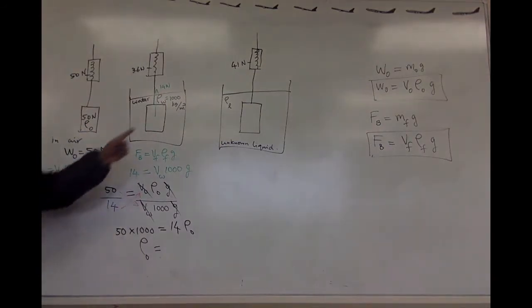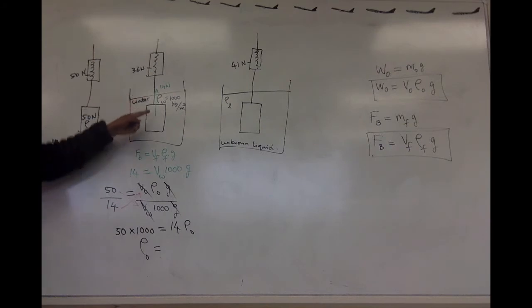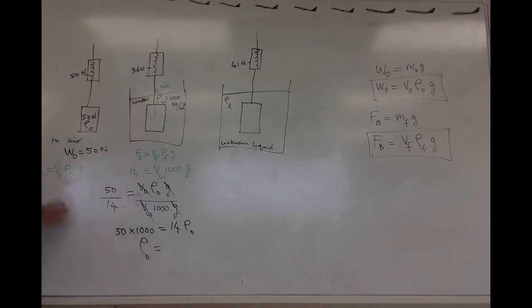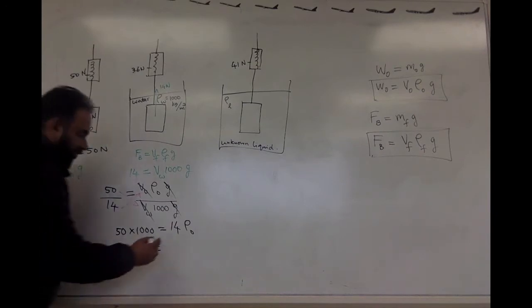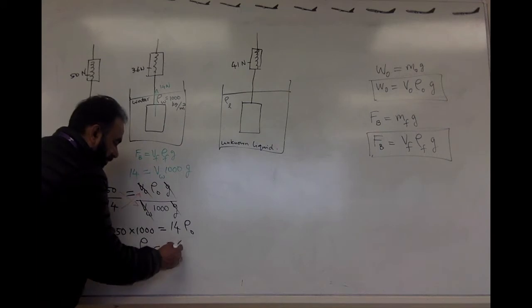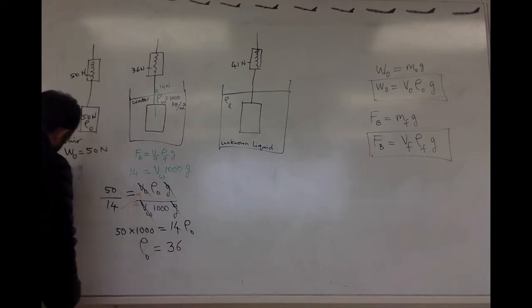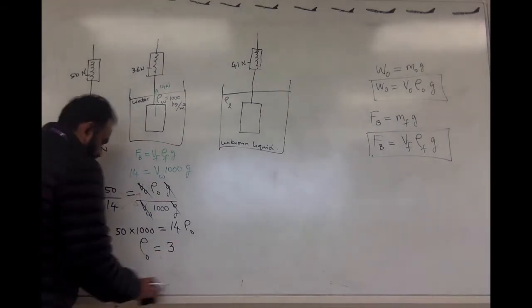I just wrote down the two equations straight away with the information that we derived, and we ended up getting two equations, and we just divided the two equations. It will be 3571. 3571.